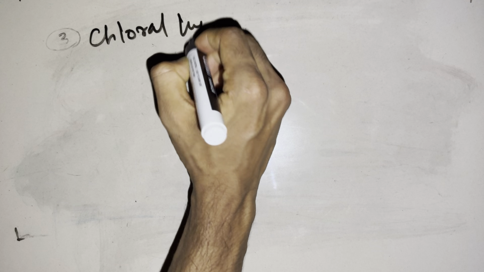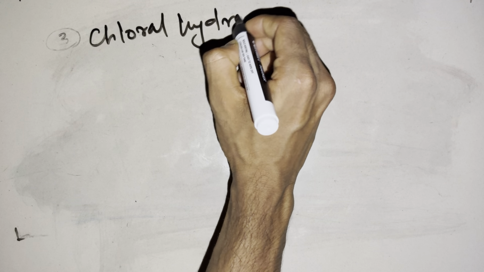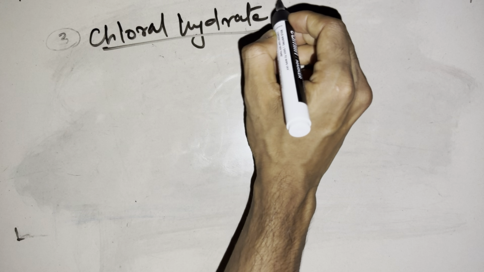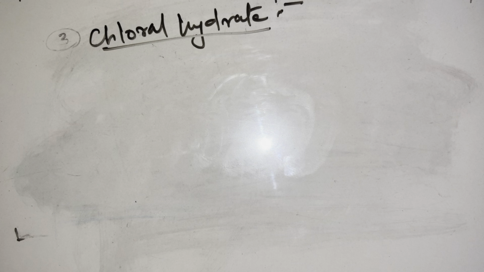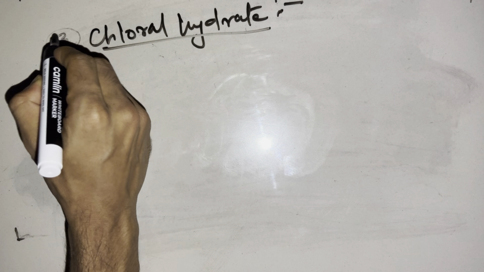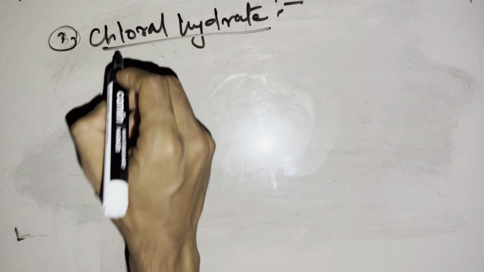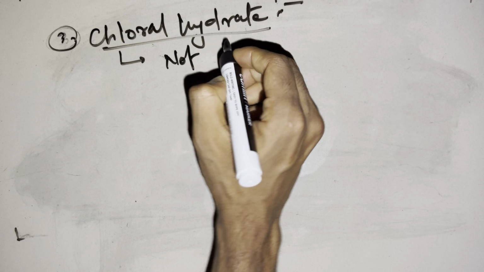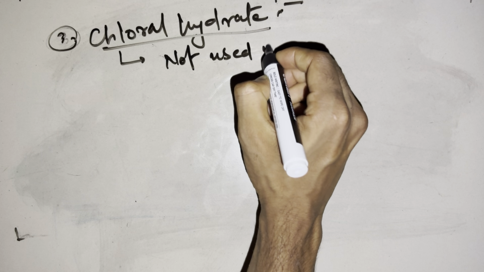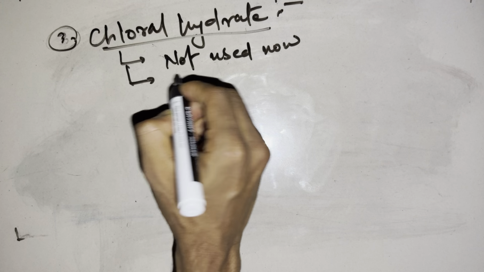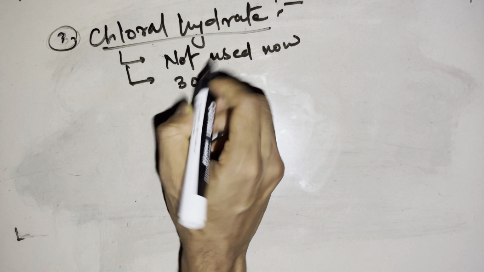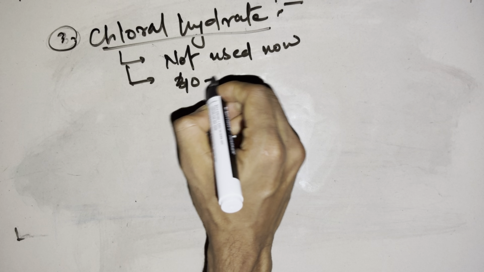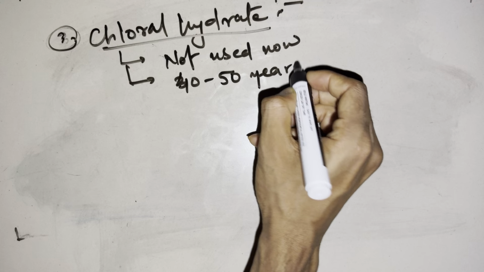Okay, it is not so common, but you have to remember. One thing you have to remember about chloral hydrate is that it is not used nowadays, but it was used 40 to 50 years ago.